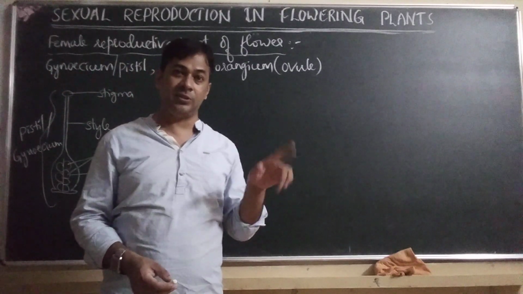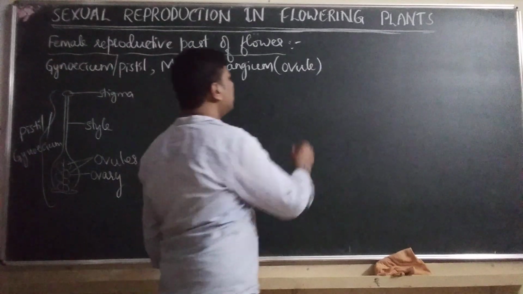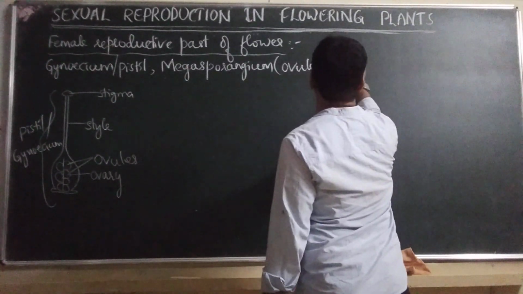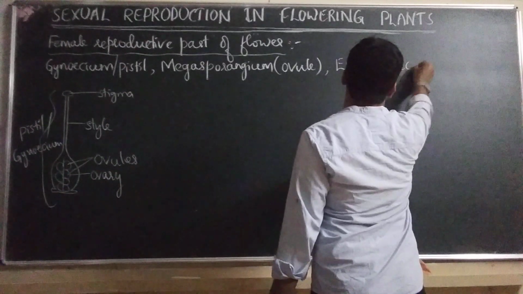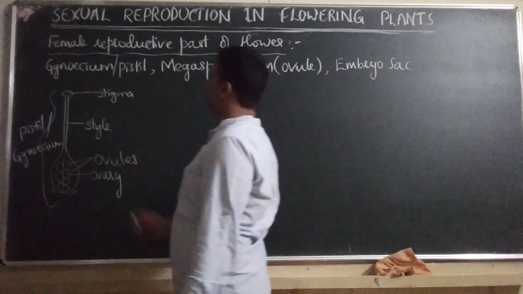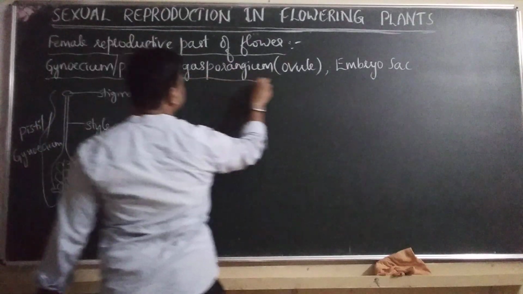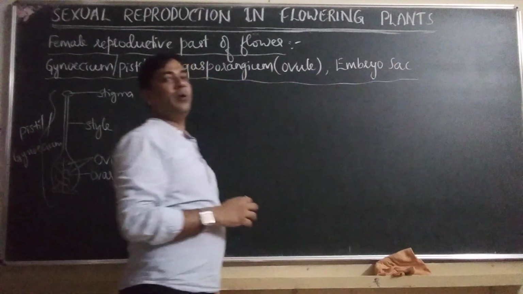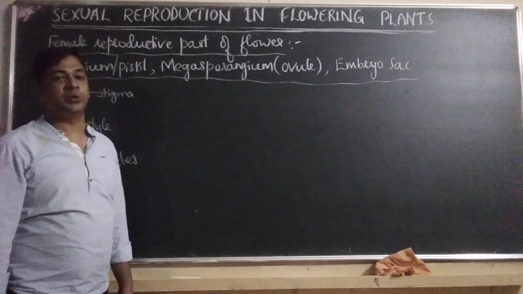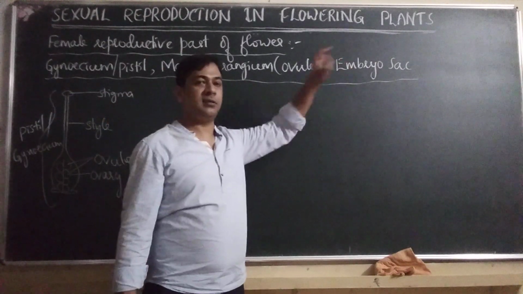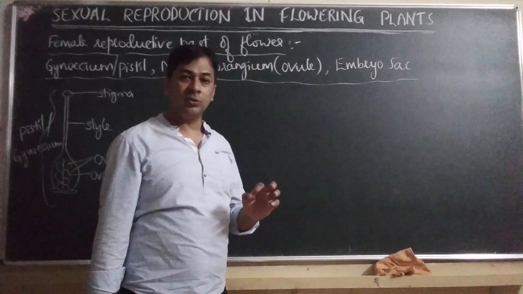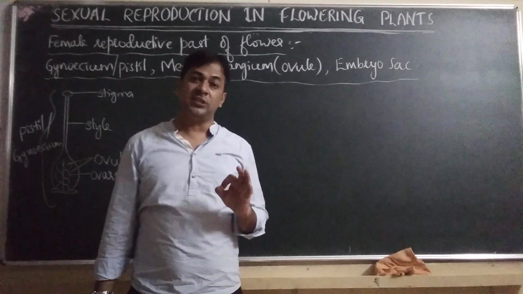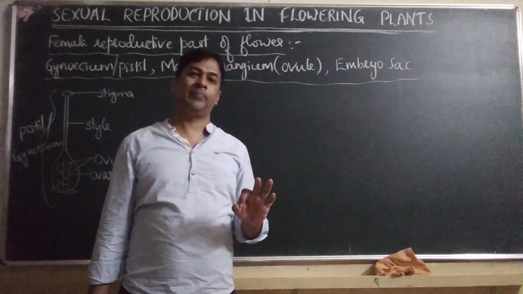Last year, in first year PUC, you already learned that the ovule contains an embryo sac inside it. So we have to learn about these parts now, then we will see how exactly the egg is produced inside the embryo sac. What is the embryo sac? The embryo sac is a structure which contains the female gamete.